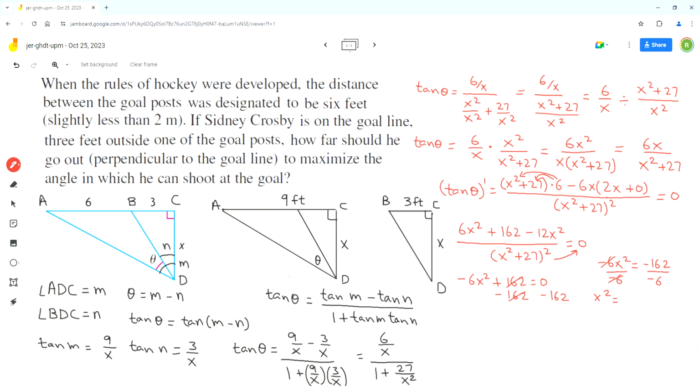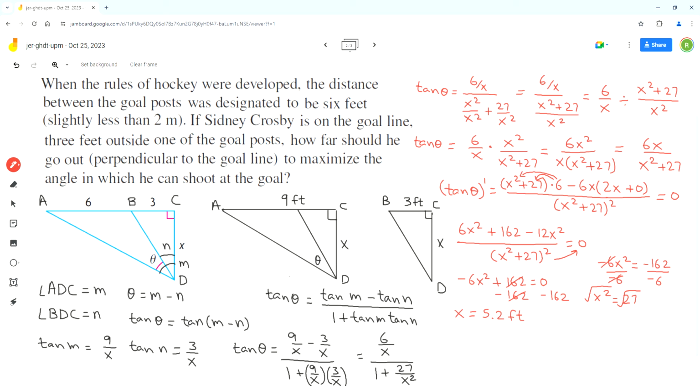So I get x squared equals 27. And now we can apply square root to both sides. I get x equals almost 5.2. And the unit is feet.